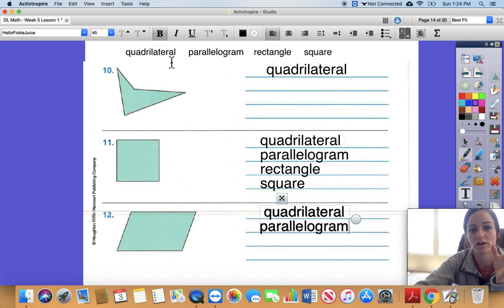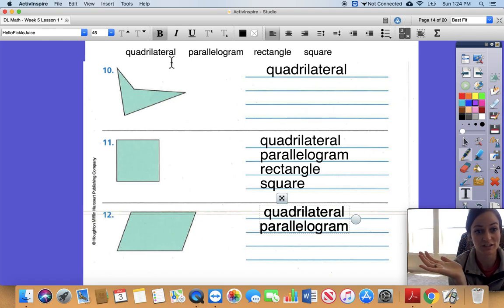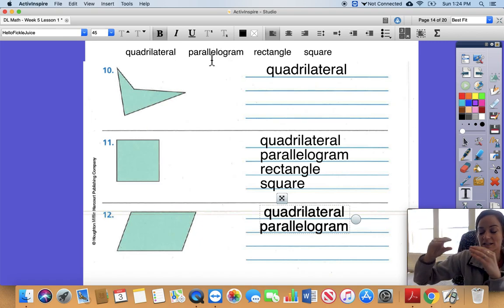Kind of like, if you want to think about it, quadrilaterals are, if you were to compare it to animals, okay? It's like if you said you have an animal, well, that could mean a whole bunch of different kinds of animals, right? Quadrilateral, there's a whole bunch of different kinds of quadrilaterals, okay? You have parallelograms. So if you think of animals and then you did a subcategory of, let's say, dogs, okay?